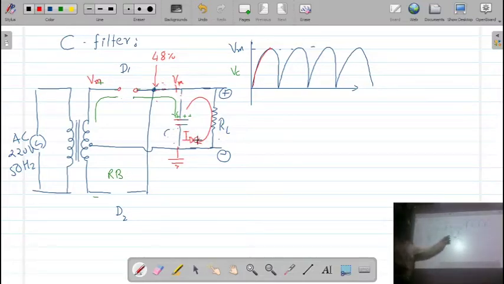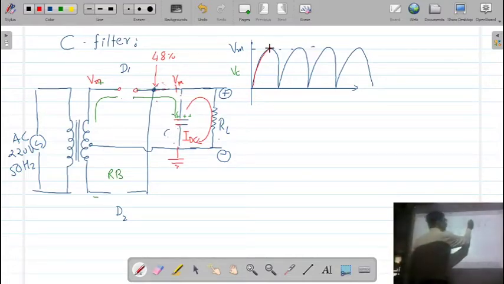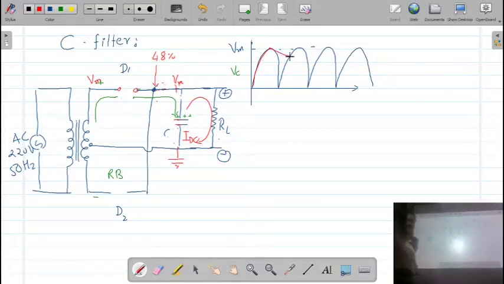Here when the capacitor discharges, the current flows across the RL and that current is my DC current. Now as the capacitor goes on discharging, the voltage across the capacitor goes on decreasing. So if you look at this waveform, this voltage is going to decrease like this.